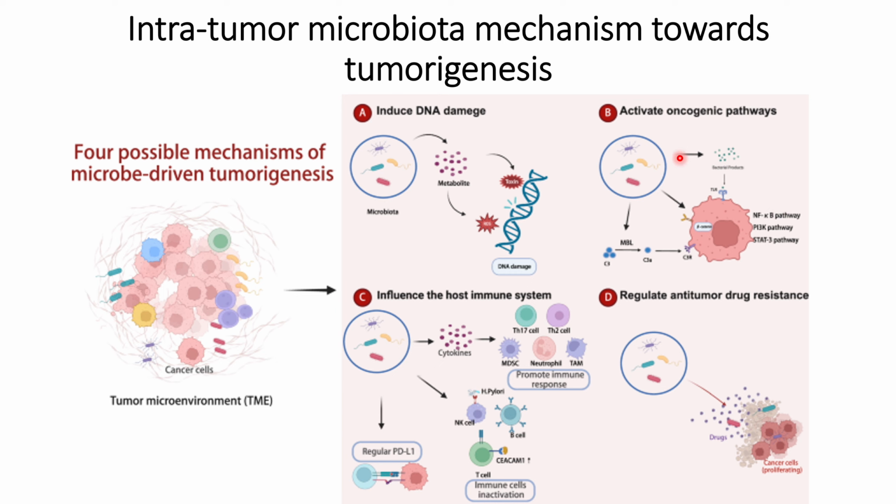The other way is that bacteria will release some cytokines that can interact with TLR receptors, and those TLR receptors can activate NF-kappa B signaling pathways or PI3K survival pathways that help in the survival of the tumors.